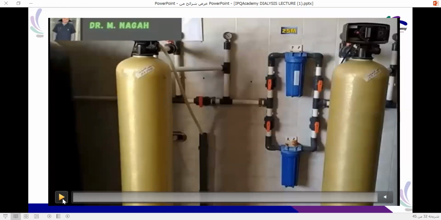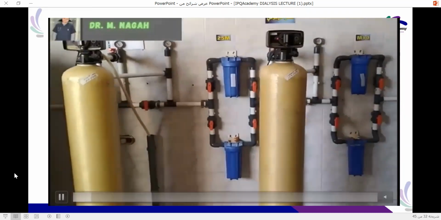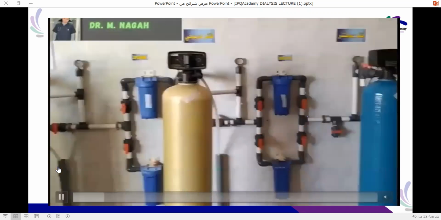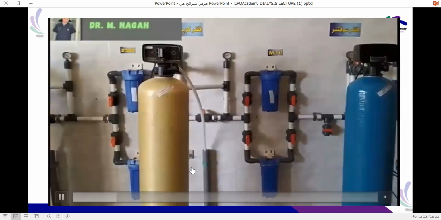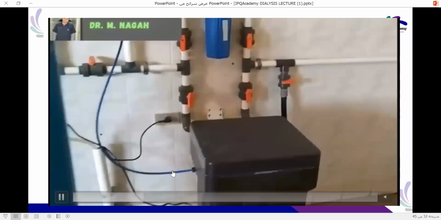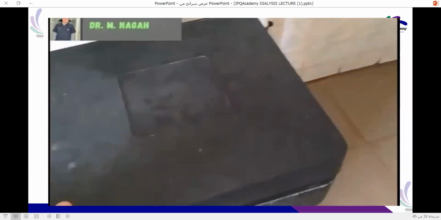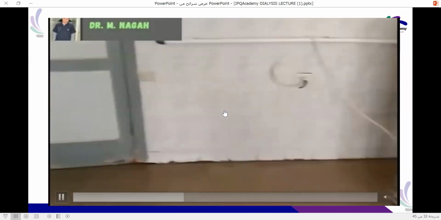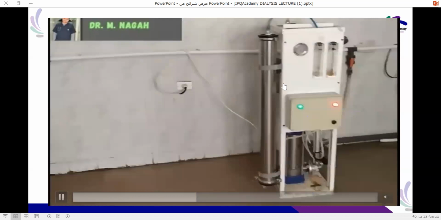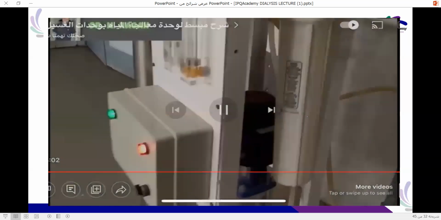This is a video from a real station. Let's see together. Here is the tank. This is a sediment filter, a carbon filter, and beside the black container is the softener containing the sodium. Then the RO, the reverse osmosis membrane, which removes 90 to 99% of bacteria and endotoxin.